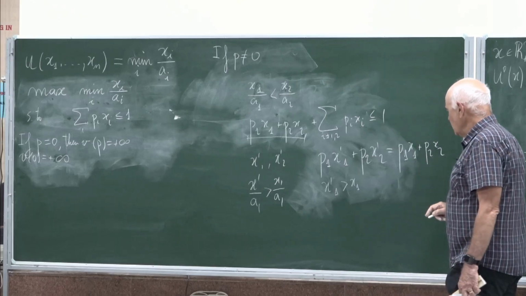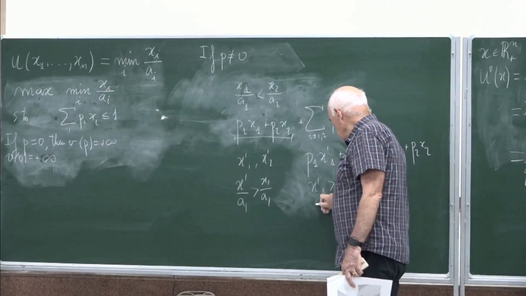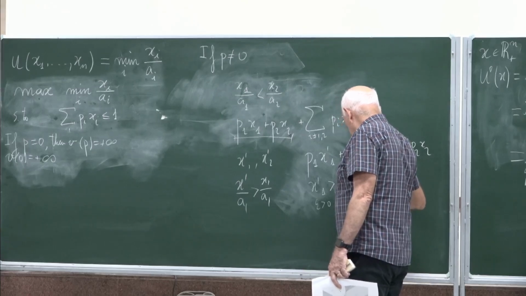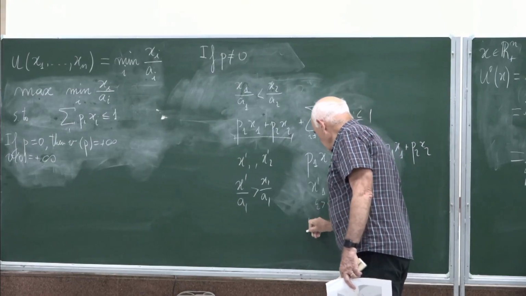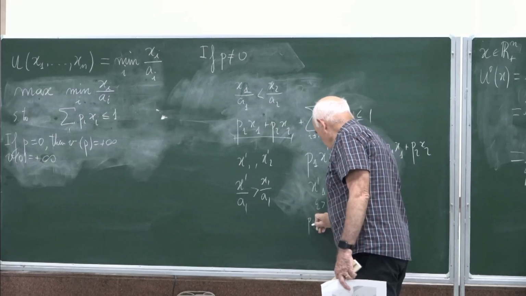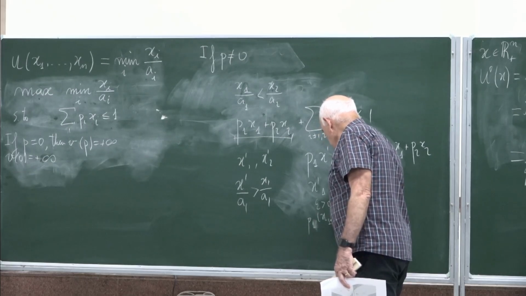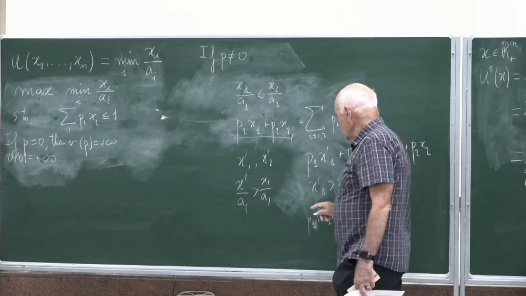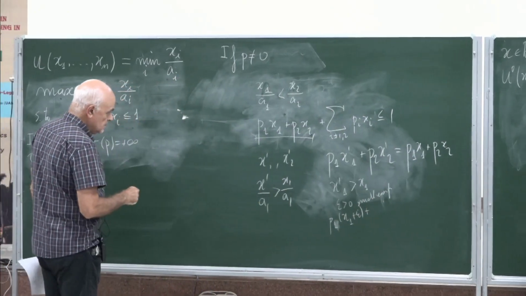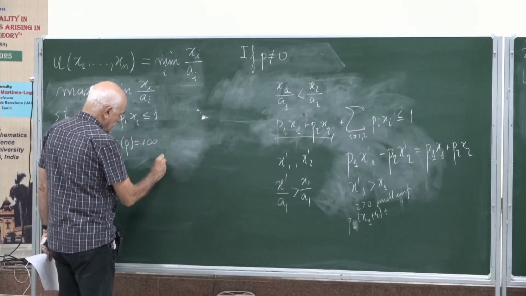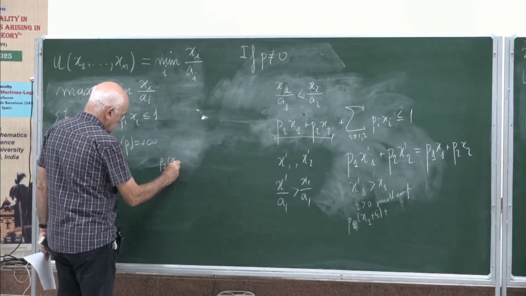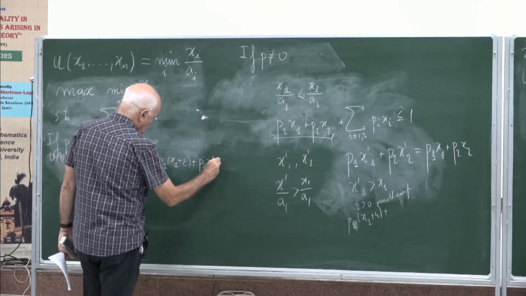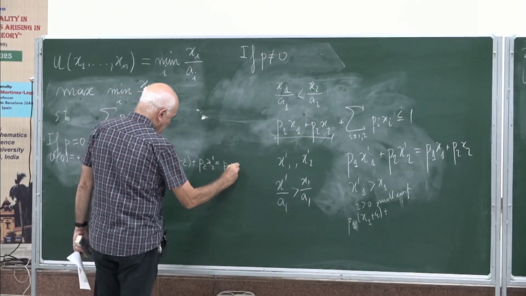So, if you take some epsilon small enough, and you take x1 plus epsilon, I need p1 times (x1 plus epsilon) plus p2 x2 prime equal to p1 x1 plus p2 x2.